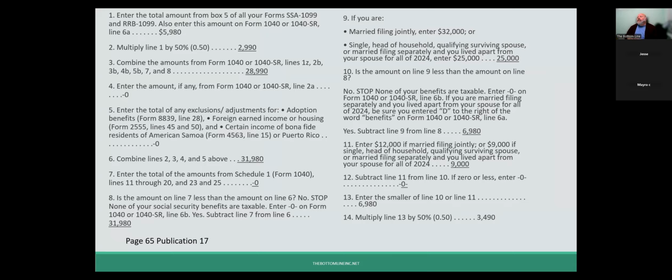Then if you're filing jointly, this is where this Social Security worksheet can get really convoluted. If you're married filing jointly, it's 12,000, or 9,000 if you're single, head of household, you subtract. So this guy is single, the 9,000.